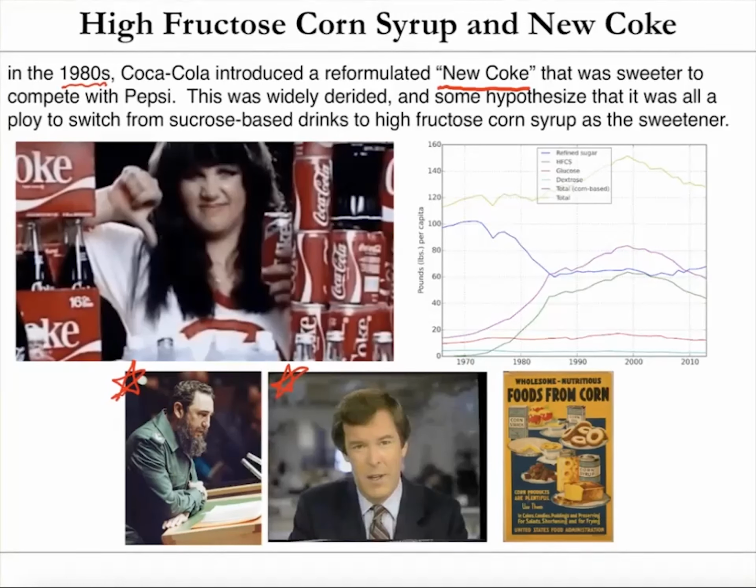Now, some people think that there was a little bit of chicanery going on in the Coca-Cola idea to make new Coke and to switch back to regular Coca-Cola. Part of that is because it was about this time in the mid-'80s that soft drink companies switched over from using sucrose to high fructose corn syrup as the sweetener. This technology had been developed where you could take corn starch and convert it into high fructose corn syrup.